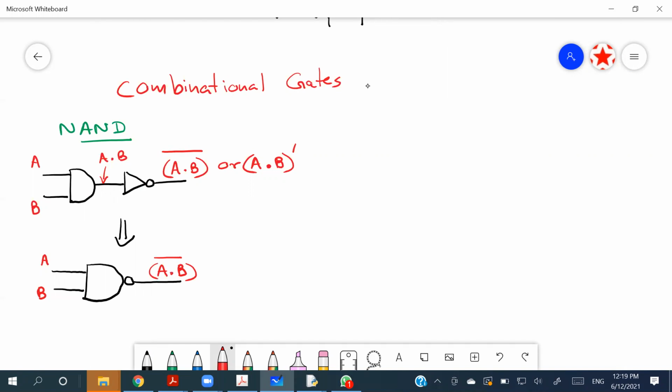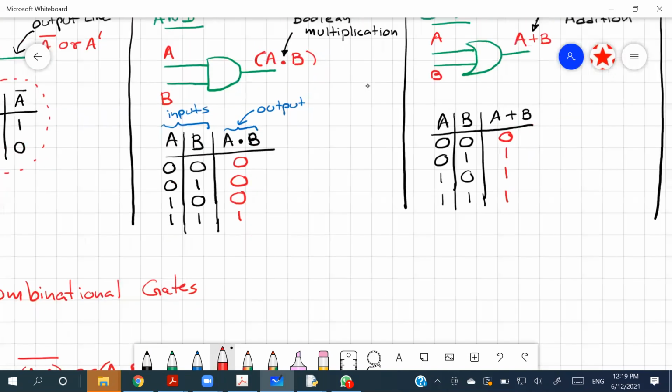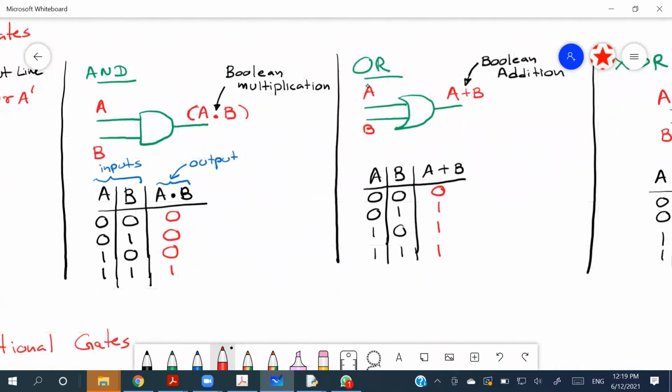And before I draw the truth table here, I want you to take your concentration to the truth tables of the AND and OR. Now, if you look closely, you can see in the AND gate, you should have ones at both the inputs to have an output of 1 in the AND gate. In case any input receives a 0, the output will definitely be a 0 in the AND gate.